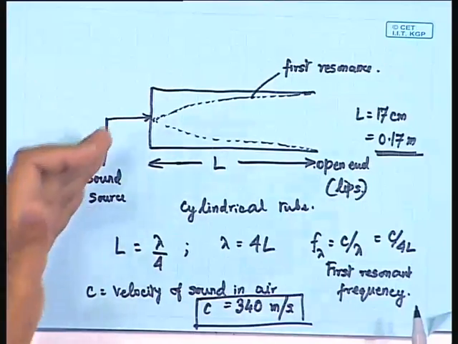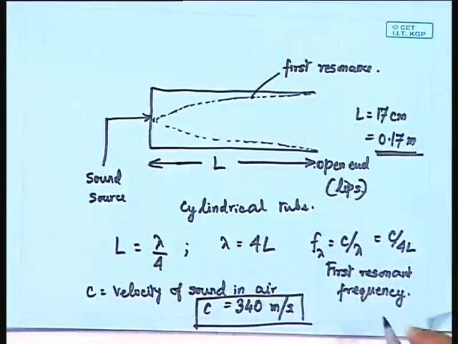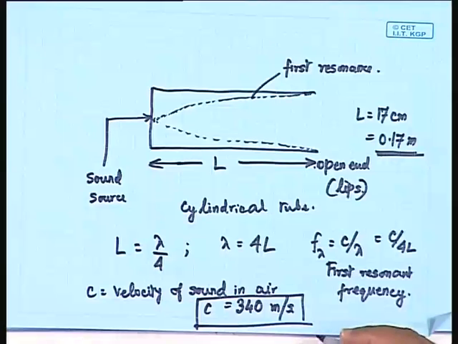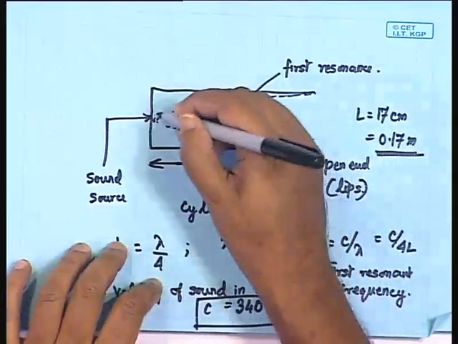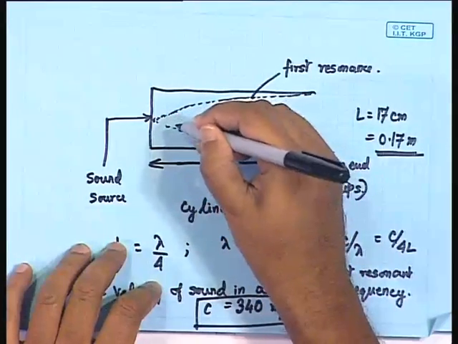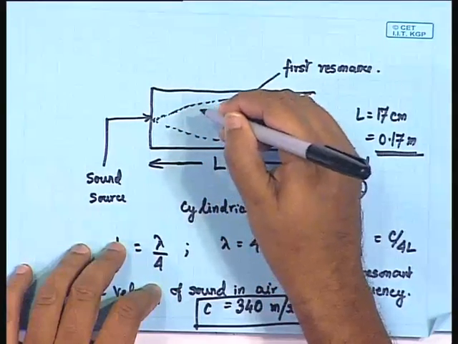Now, this being the first resonance that is produced, there will also be other harmonics associated with it. So, you can see that the next harmonic that you can generate is like this.